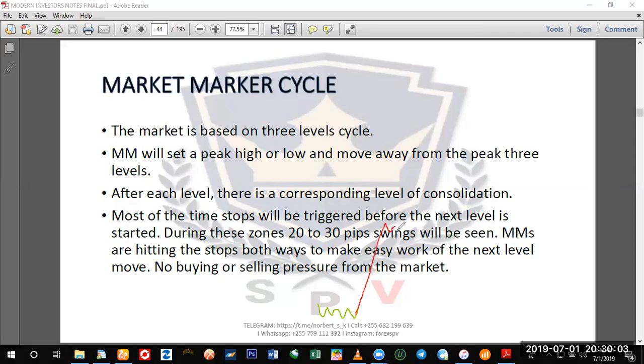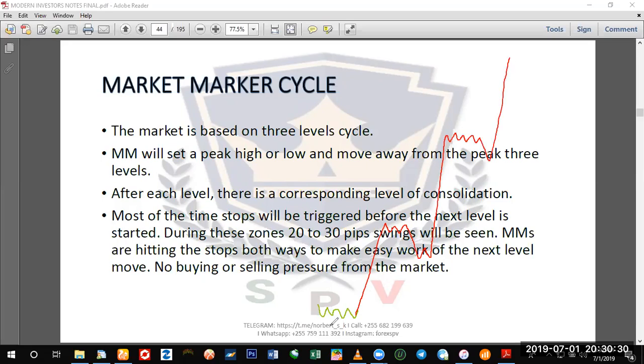The first level, so if the peak is low, we expect after each level there will be a level of consolidation and a stop point will be there. So there will be a stop point low, then the dealer will form a pattern here. And then there's the second level consolidation, stop and low.